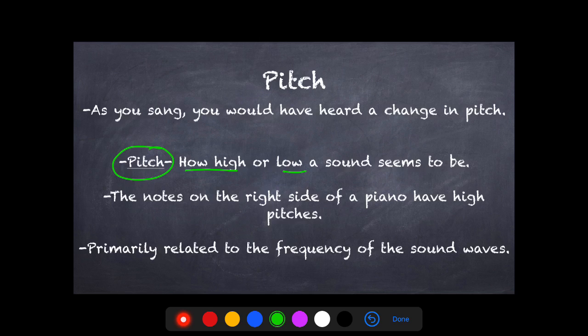So a pitch definition is how high or low a sound is going to be or seems to be. When you're on the right side of a piano, that has a higher pitch than the left side of a piano. And this is related to the frequency of the sound wave.